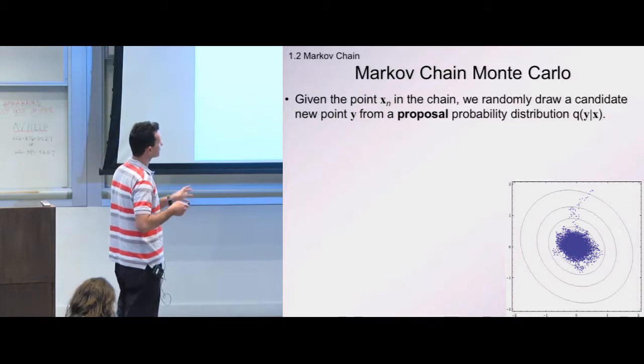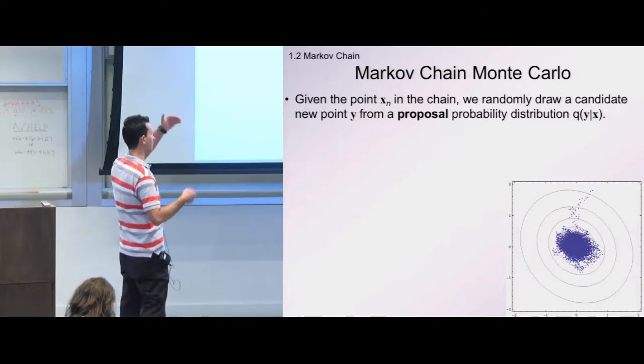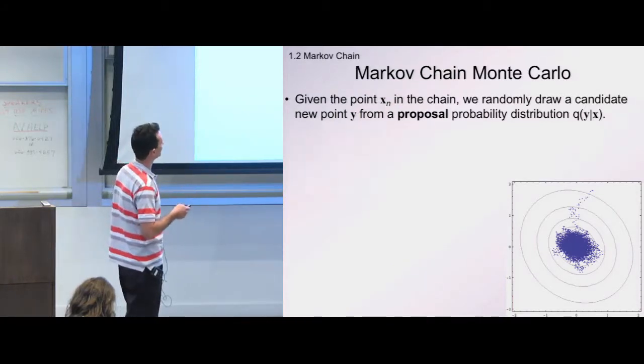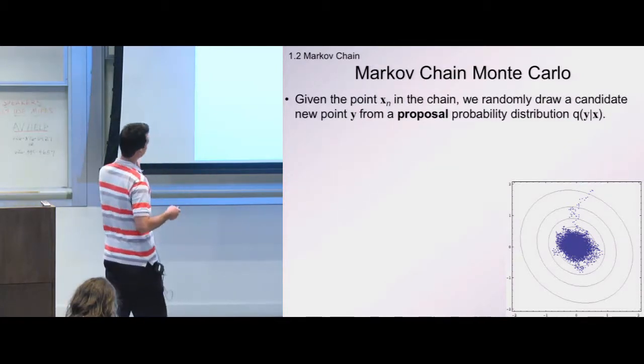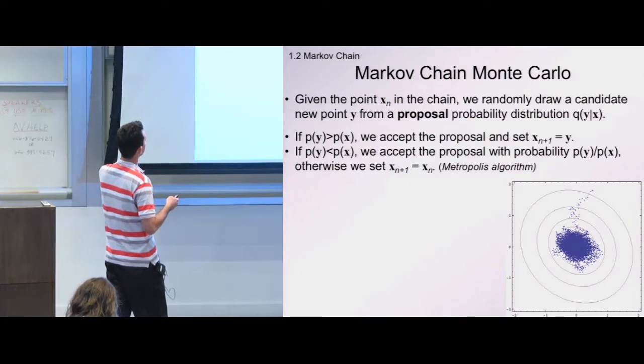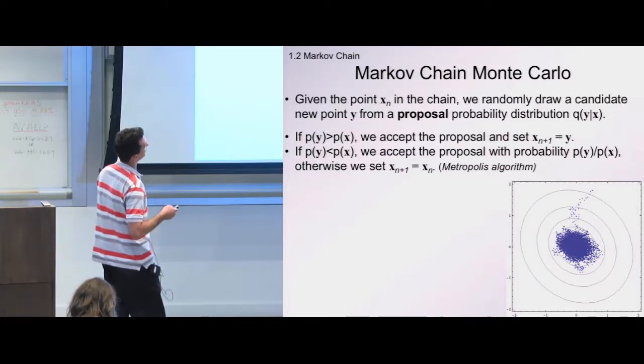This is a function, and we will spend a whole slide on it because it's very important. Assuming you have this distribution, you draw a candidate new point, and if the probability of this new point is better than the old one, we accept the proposal, and the next point in the Markov chain will be this candidate y.